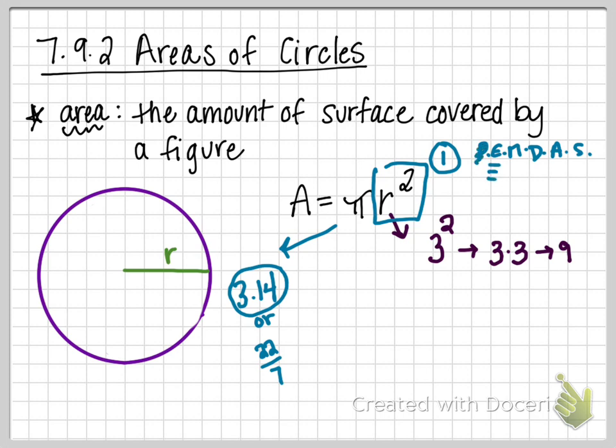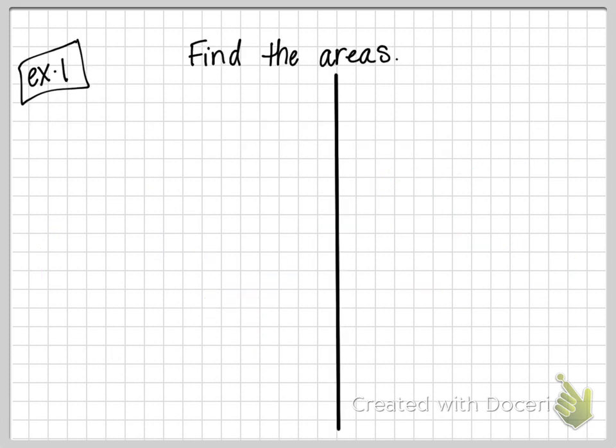The next thing that we have to do are the exponents. So our squared, that 2 is an exponent. We have to do that first. Once we square the radius, then the last step is to multiply by pi, because that's our M, multiplication in PEMDAS. So be careful of your order of operations, and be careful that you are squaring the radius, not multiplying by 2. Let's do a couple examples.